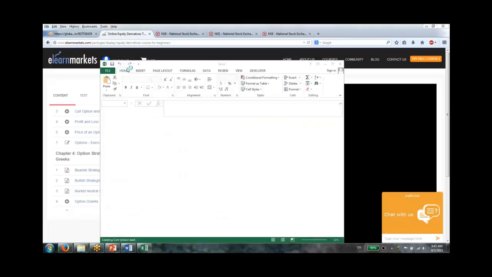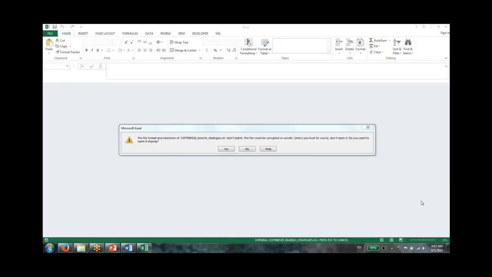I'll explain this particular Excel file, which is an important Excel file, and this will also answer the question by Sachin and the previous gentleman, Parth.